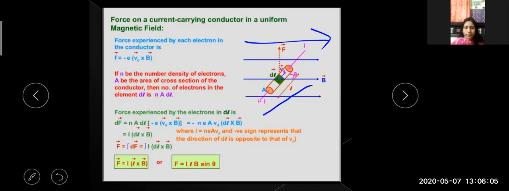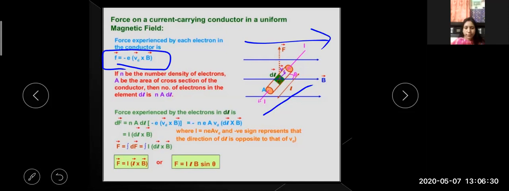Now the force experienced by each electron in the conductor is F equal to minus e v_d cross B. Here v_d is the drift velocity, B is the magnetic field and e is the charge on the electron.